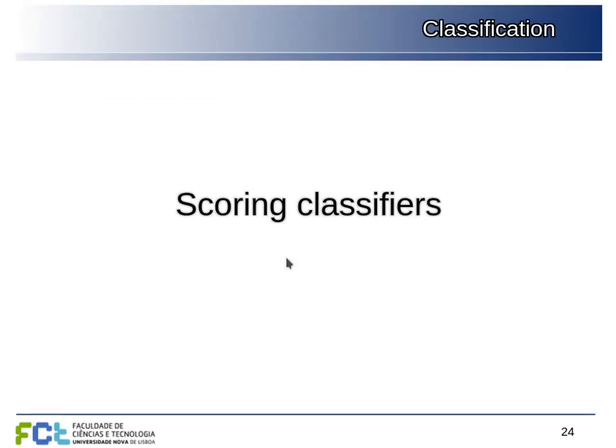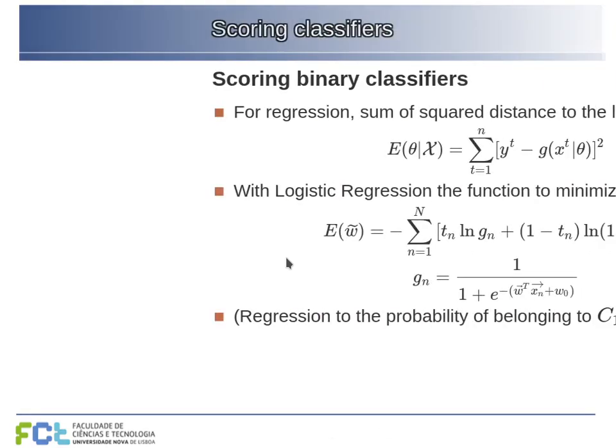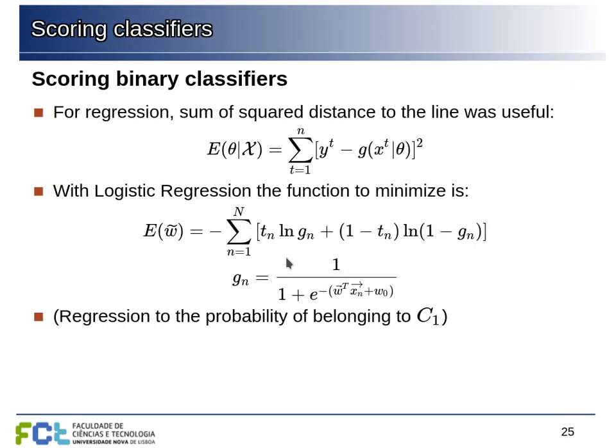The first thing that we need to do is to have some quantitative measure of the performance of our models. In this case, it would be a classifier, but we could also consider the case of regression, and use that to estimate how good or bad the model is performing. So for regression, we used the sum of the squared distances.